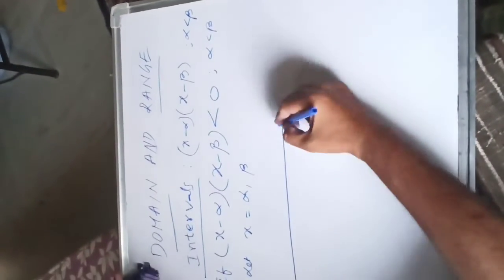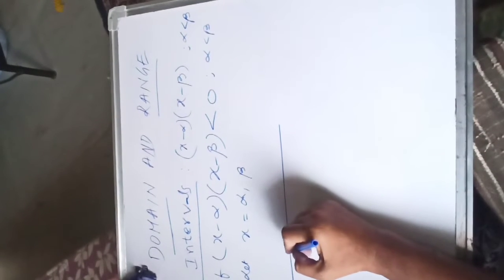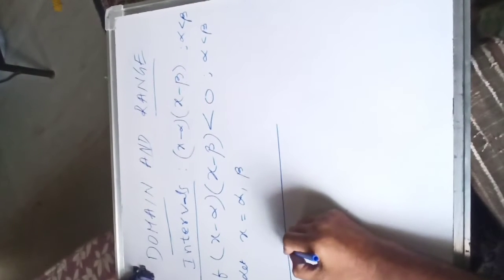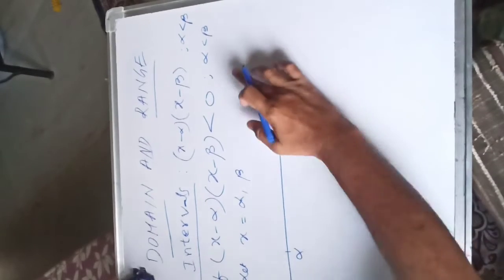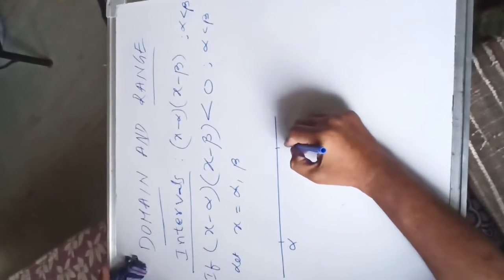So write these on the number line in ascending order. First is alpha because alpha is less than beta. Next is beta.